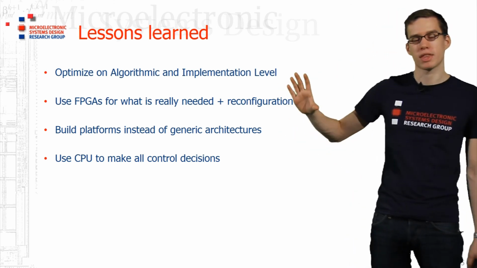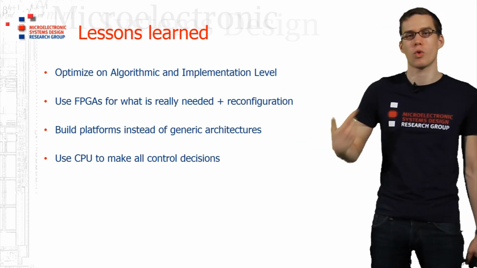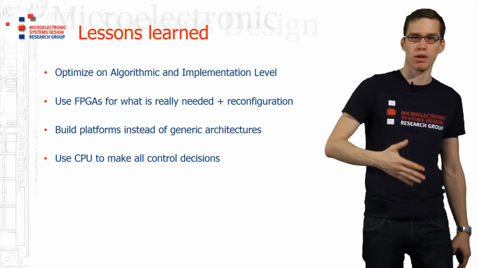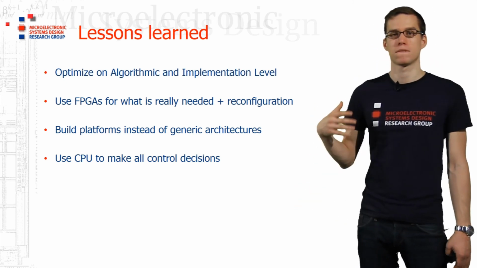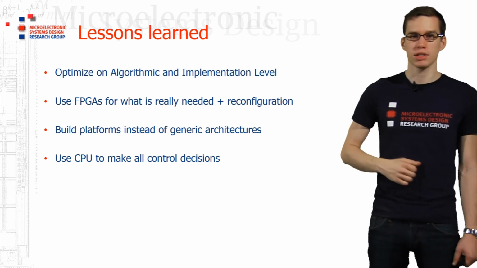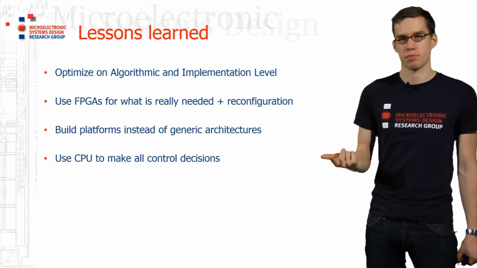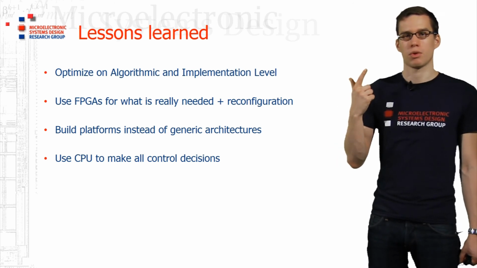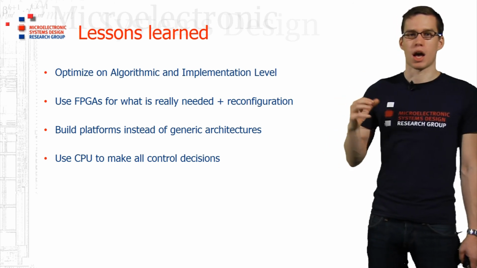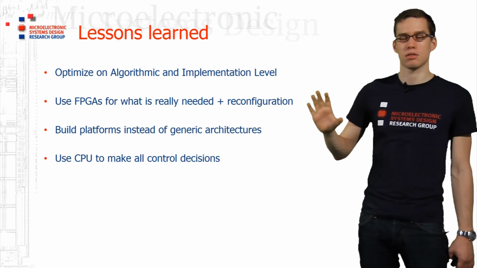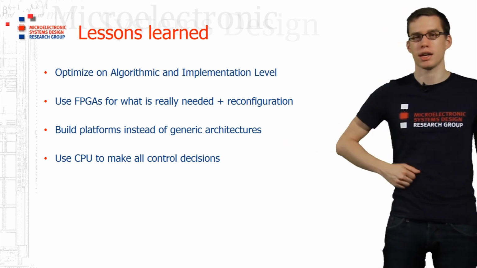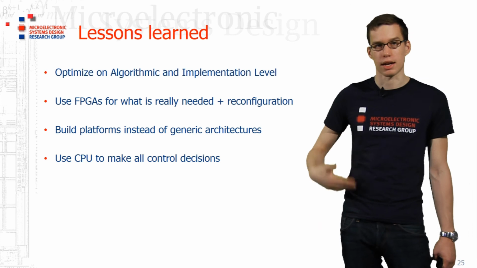And the platform then generates architectures once it knows all it needs to know during runtime. So once it knows which kind of option we have, which kind of FPGA architecture we have, it generates all that is needed to be done on the FPGA, it generates a new configuration and uses that.